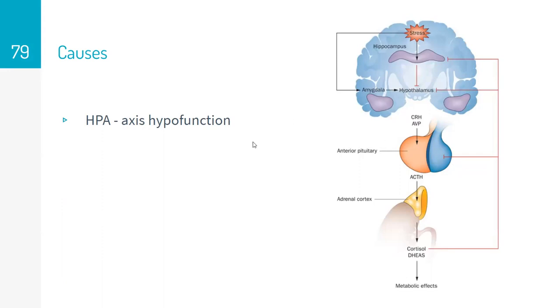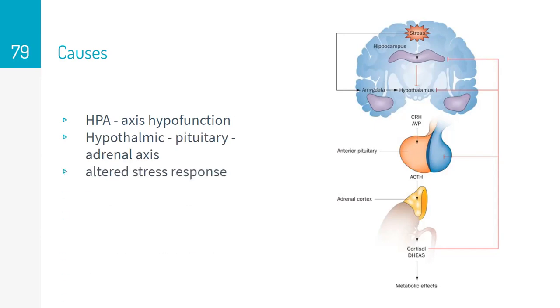And there seems to be a decreased function there. We also notice functional changes in how the immune system works, and there are also some changes in neurotransmitters and even some digestive changes. So there are a wide variety of theories as to the causes.